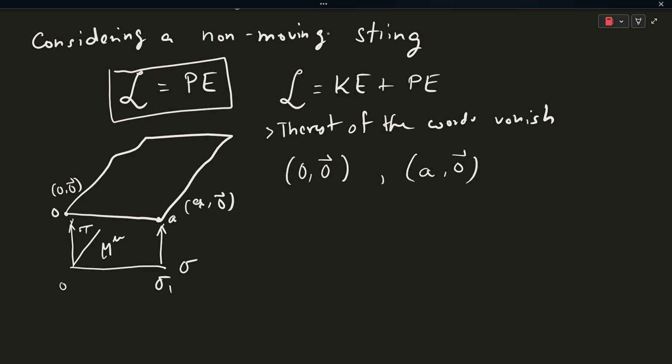So this 0 vector is the 0 vector in the d-1 dimensional spacetime. So if the ambient spacetime is d-dimensional, then my 0 vector is inherently d-1 dimensional. Okay? So what this ensures is that the string is not stretched in any other direction apart from in the direction of A. Okay?